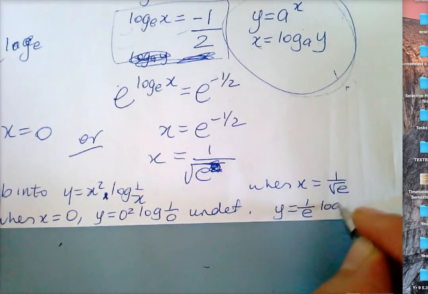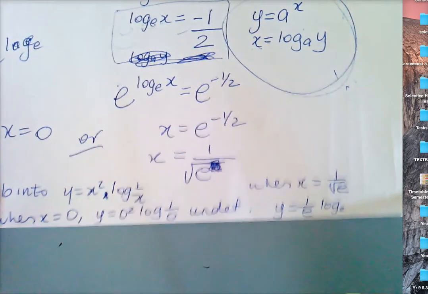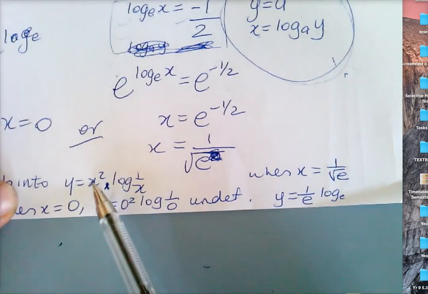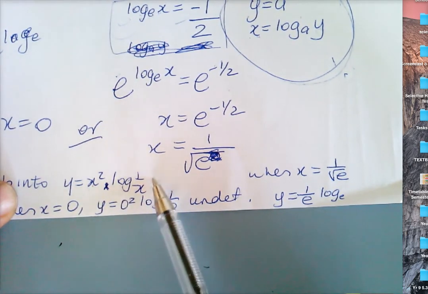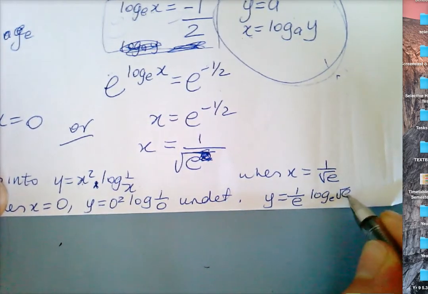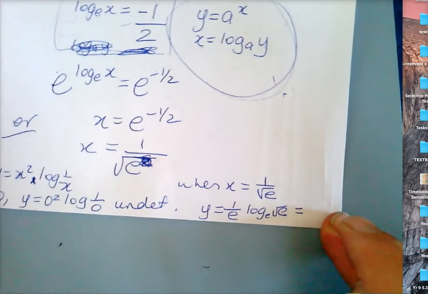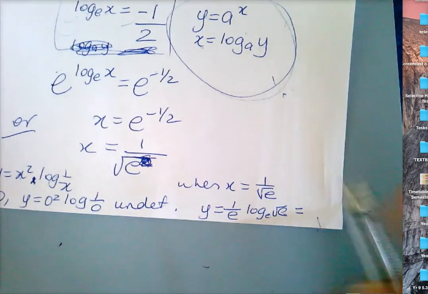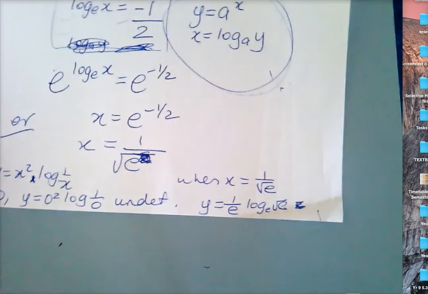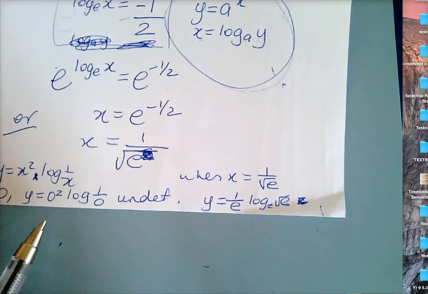Log of what? 1 on e. Sorry, this is 1 on root e squared, which is 1 on e, times log of 1 over 1 on root e. What do you get here? Root e. That's it, leave it. Because it's 1 over 1 on root e.